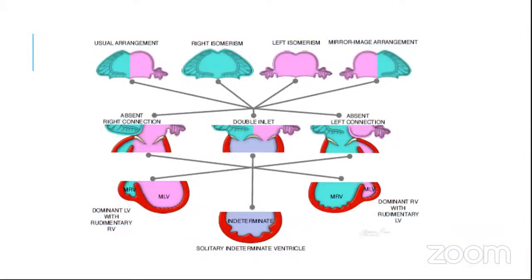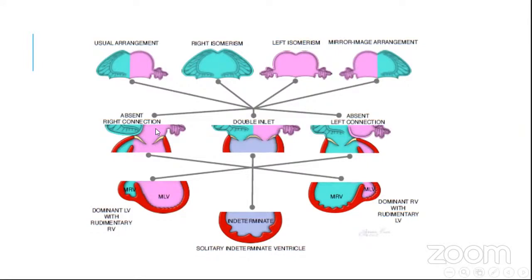So this diagram summarizes the connections. We have the atrial arrangement in different types: usual arrangement, right isomerism, left isomerism, and mirror image. Usually the connection is either double inlet, where both atrial masses are connected to both ventricles, right and left, with atrioventricular junctions.